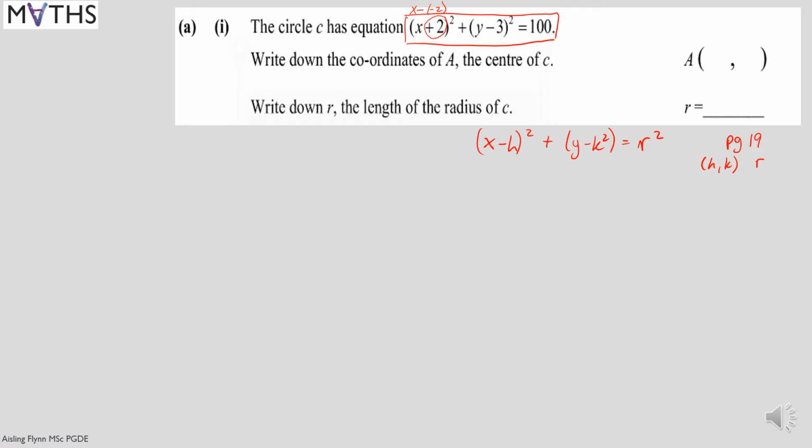So h is -2, the x coordinate of A. In direct comparison, 3 takes the place of k, the y coordinate. So (-2, 3) is point A, the centre of the circle.